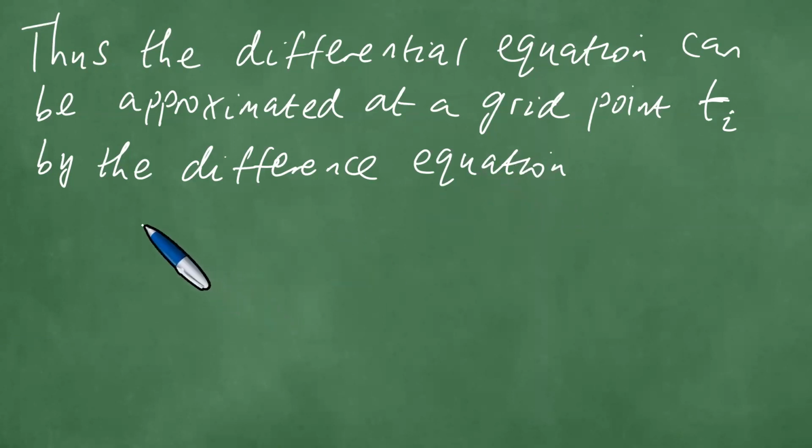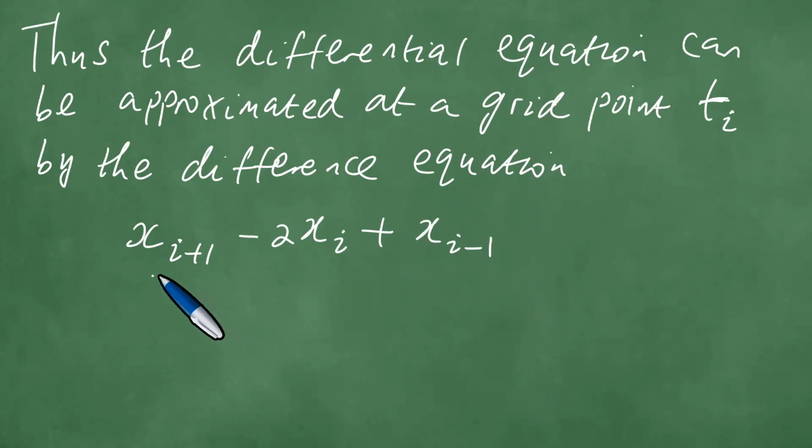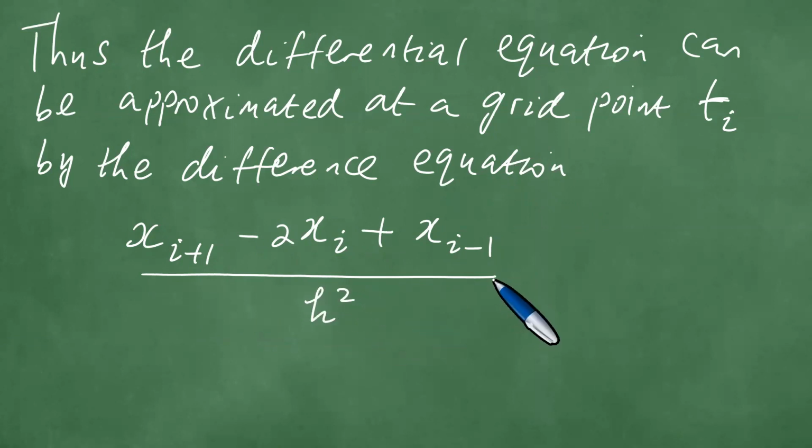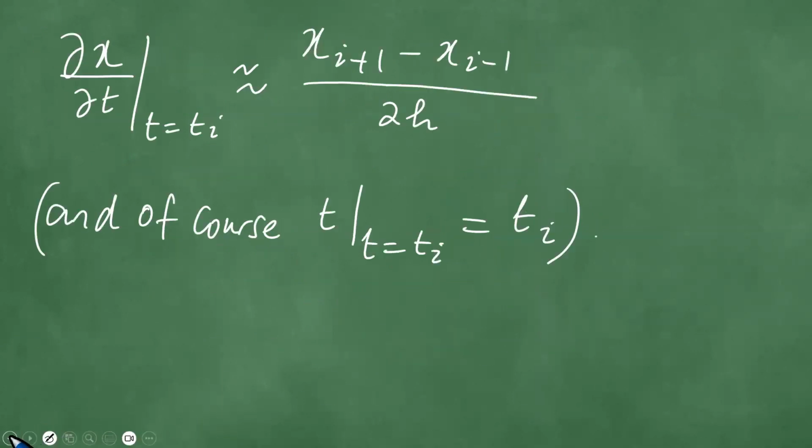What is the difference equation? The difference equation here is x sub i plus 1 minus twice x sub i plus x sub i minus 1, divided by h squared.